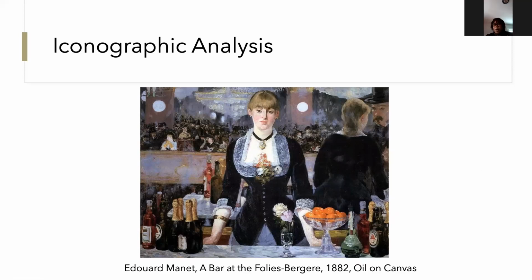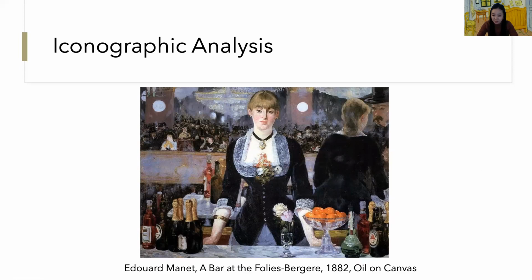Would that be a form of iconography or iconographic imagery? Yeah, so if there is any symbol or hidden meaning, then when you find the symbol and the hidden meaning, then it can be the iconographic analysis.